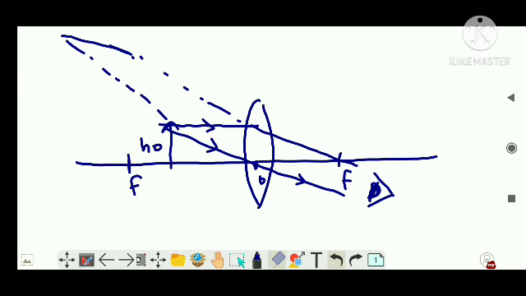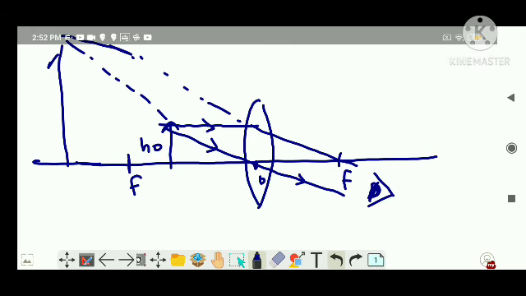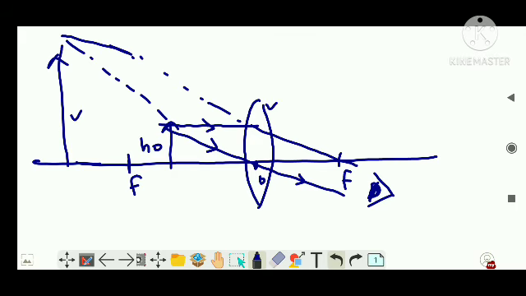So you see a virtual image. This image is formed due to this lens, so this image is what is seen by you. Clear? Now you can see that this object, let's say H0, is this one. Then this will be Hi, that is the height of the image.